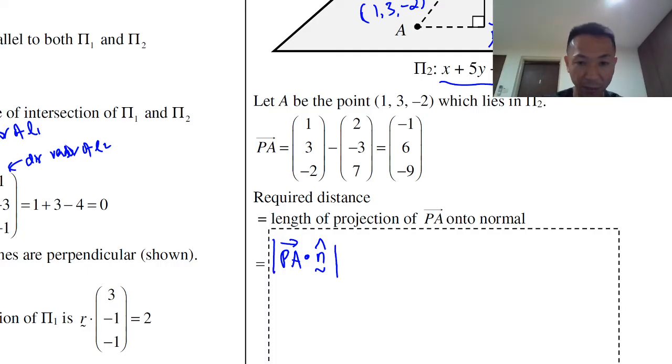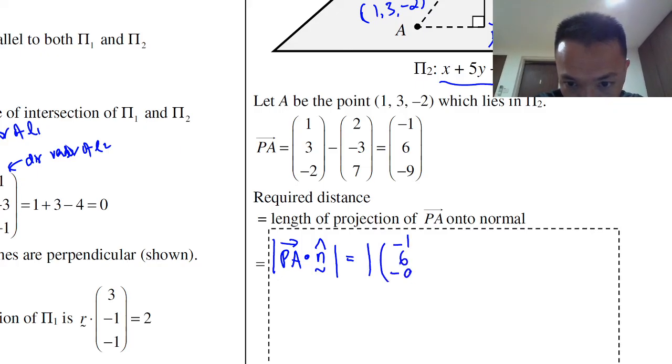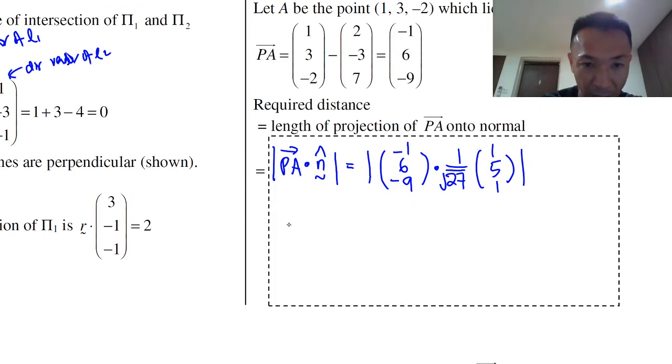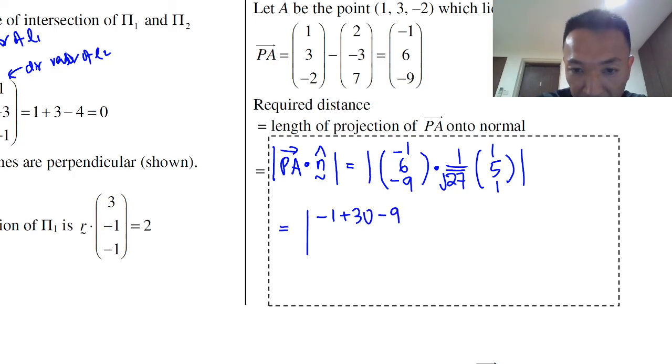PA is minus 1, 6, minus 9, dot n hat, which is 1 over root 27 times (1, 5, 1). Then you take the dot product, and you will get the modulus of minus 1 plus 30 minus 9, over root 27.